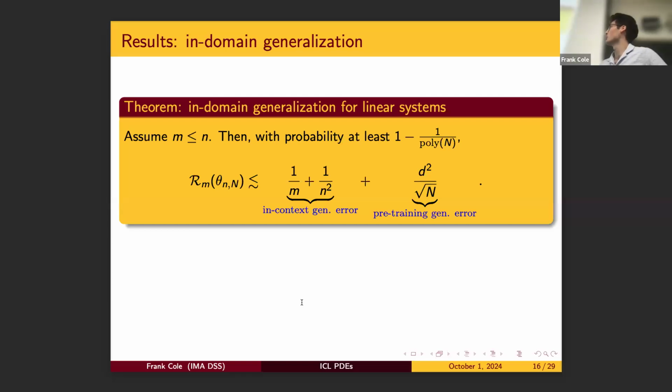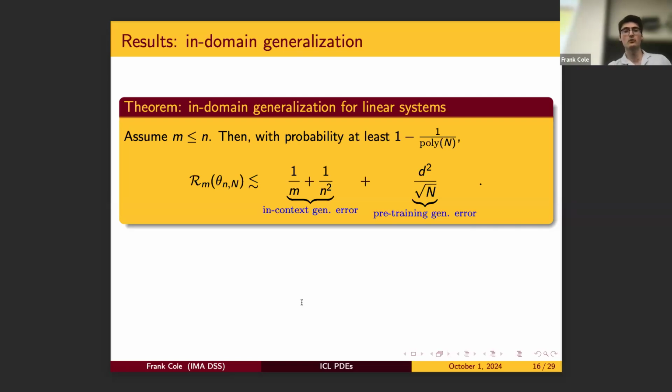And so I like to group the two terms in this way, where you have the first term that I like to call the in-context generalization error, that corresponds to the length of the prompts. And that's sort of corresponding to after you've done pre-training, your transformer is behaving like a supervised learning algorithm, and the sample size then depends on the number of examples. And then you have this other source of error that's the pre-training generalization error, which depends on how many tasks you need to actually train your transformer.